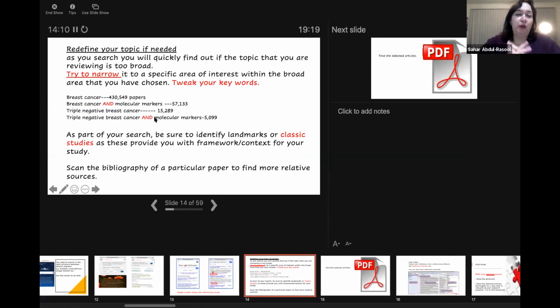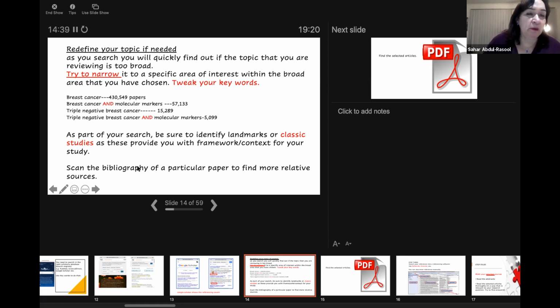Now we know that when we search about a particular topic, we type the words. What you need to do, sometimes you need to narrow your search. So as you search for a particular paper, you'll quickly find out if the topic that you are reviewing is too broad. So try to narrow that topic. So for example, if I'm writing about breast cancer, this is a search that I've done before preparing this lecture.